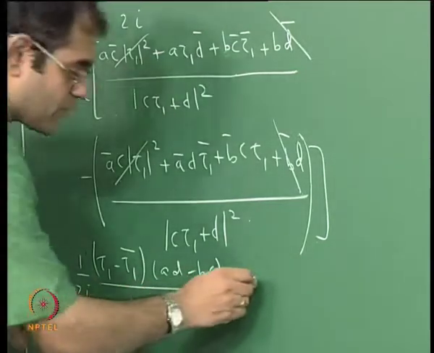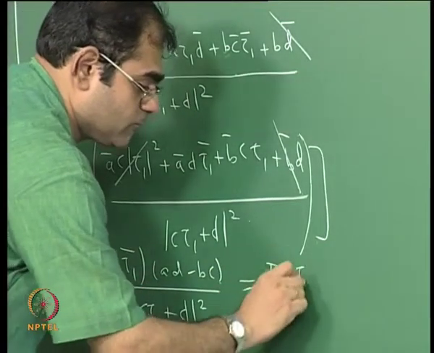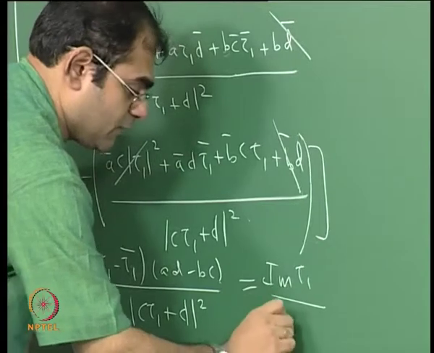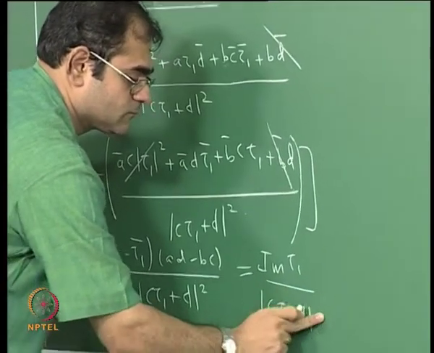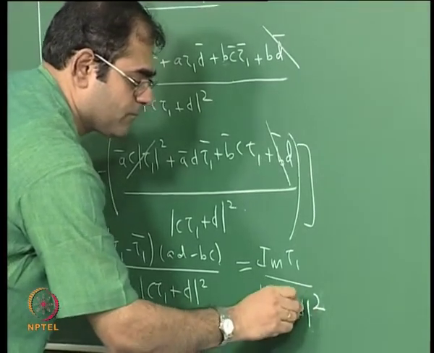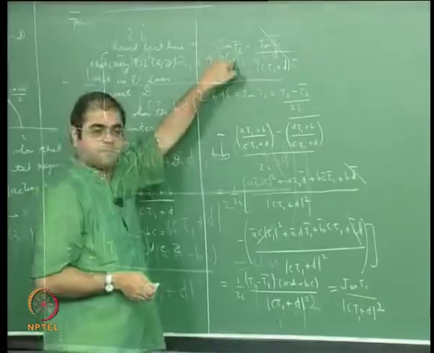So it is just the imaginary part of tau 1 by mod C tau 1 plus D the whole square. Okay, so that is how I get this.